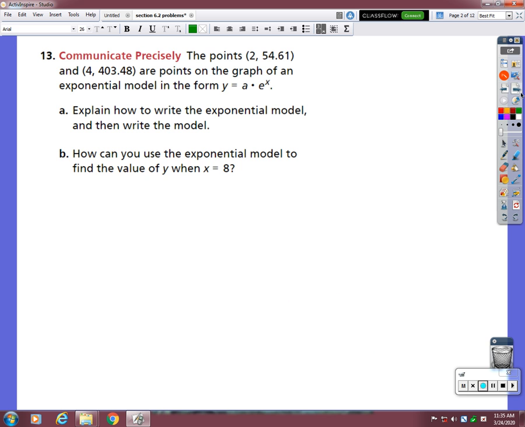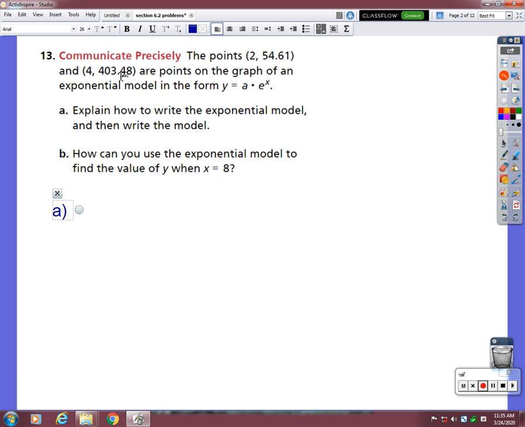Alright, yippee skippy. Okay, so now this is a little bit different. In this case, they want us to come up with an exponential model with a times e to the x. The way that we're going to do that is plug in both values for x and for y. I'm going to do this backwards, which may seem a little confusing to start with, but there's a reason for that.